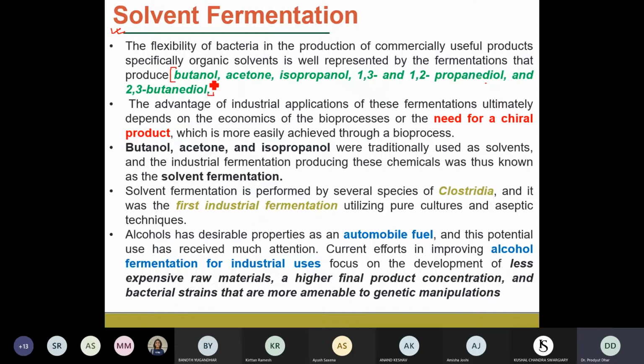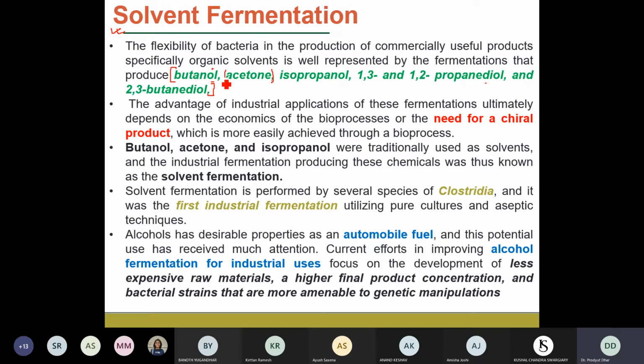So, other than acetone, these are mostly all alcohols, which are produced in large volumes and needed by industries at a commercial scale.